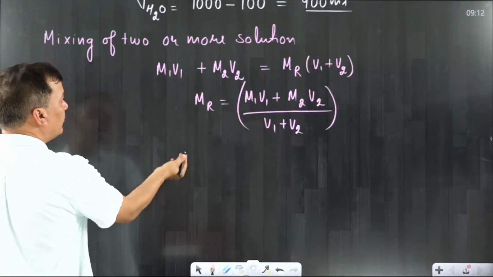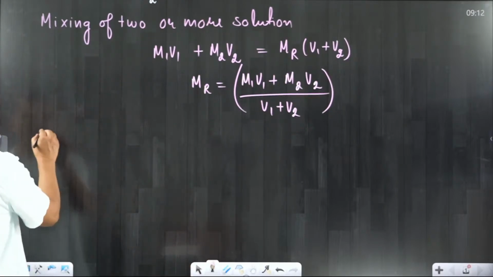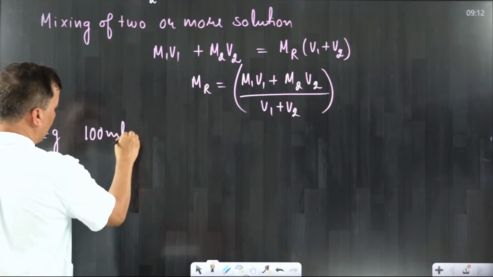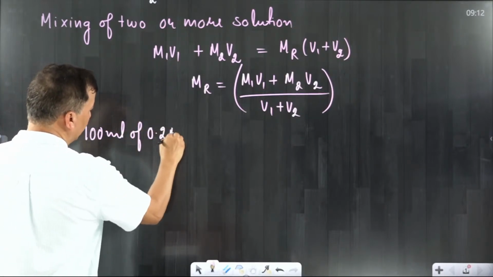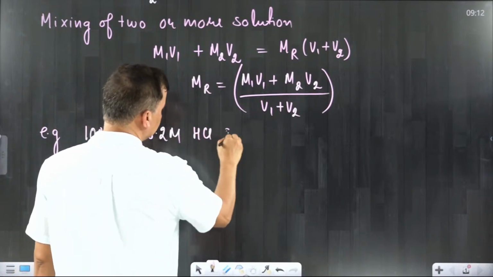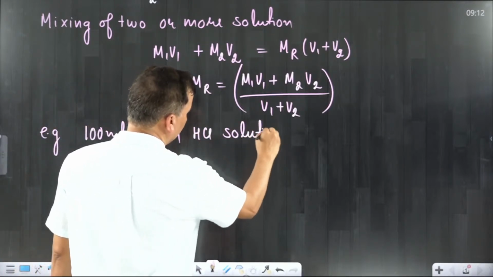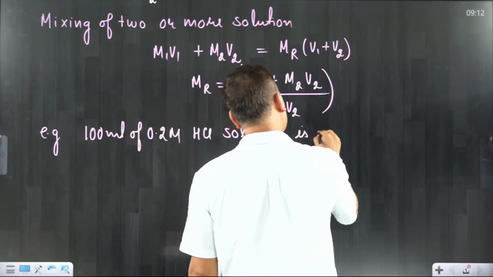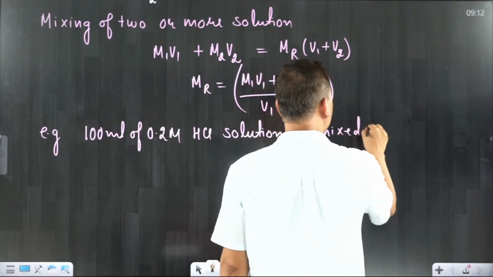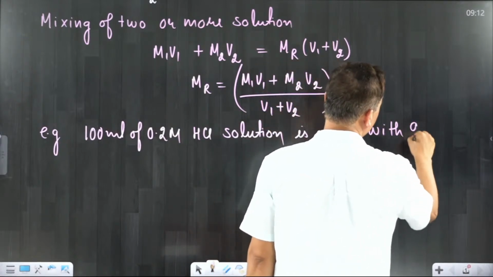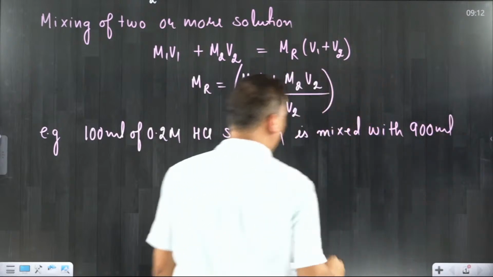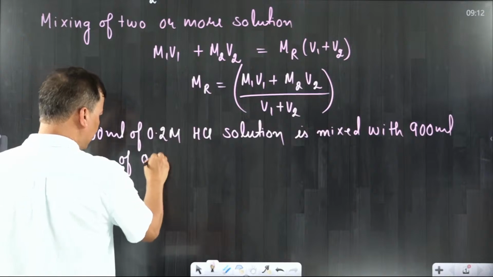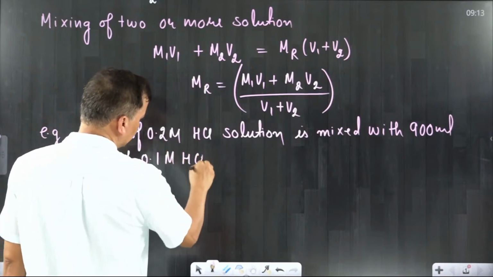I am taking one simple example. Try to understand that. For example, 100 ml of 0.2 molar HCl solution. My dear student, are you attentive? This solution is mixed with 900 ml of 0.1 molar HCl solution.